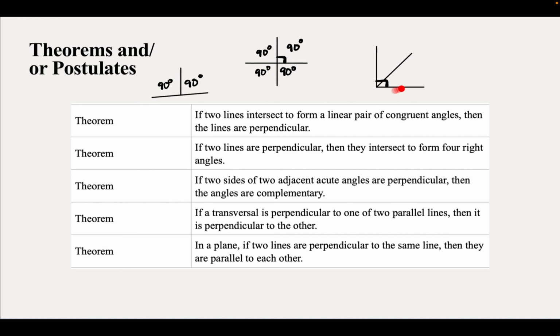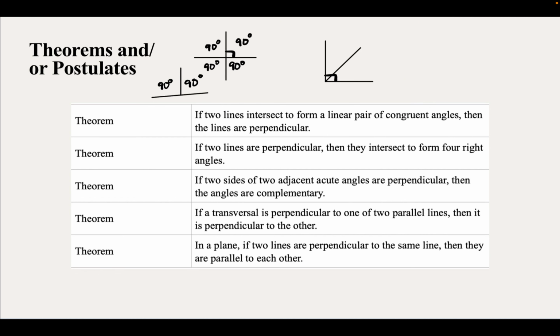Because these two sides form a right angle, which means the angles that are contained within that have to be complementary.